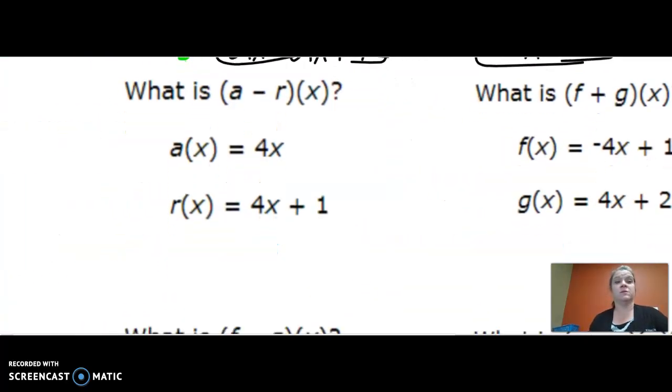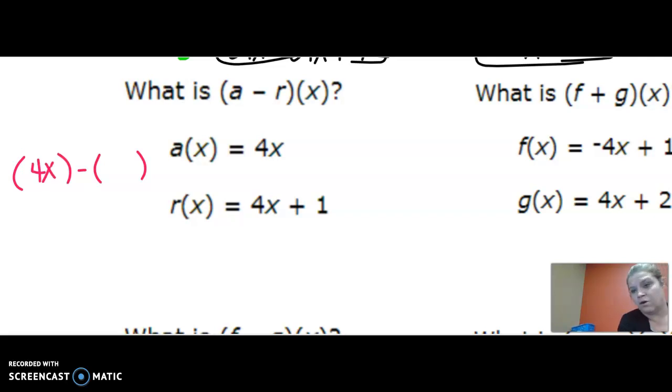Now we're going to be doing some subtracting, and when subtracting the parentheses are definitely necessary. So we have a minus r of x. The a goes first, the r goes second, and this minus sign says subtract everything that is behind it.